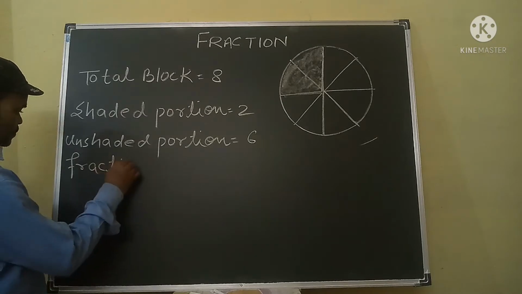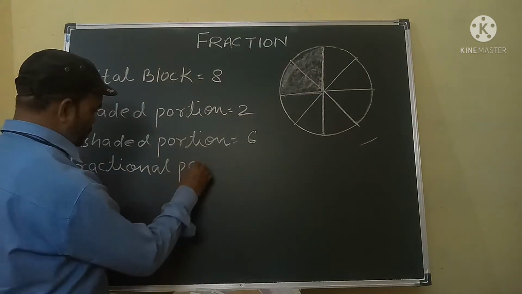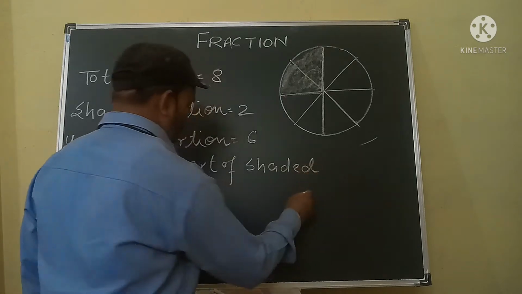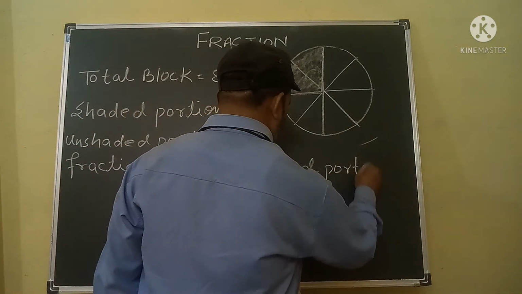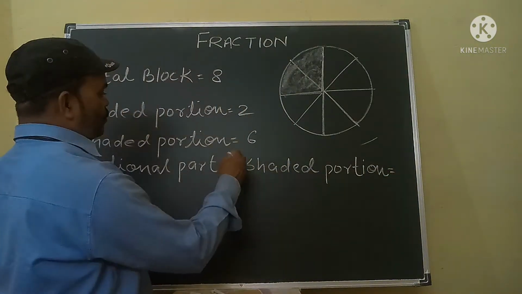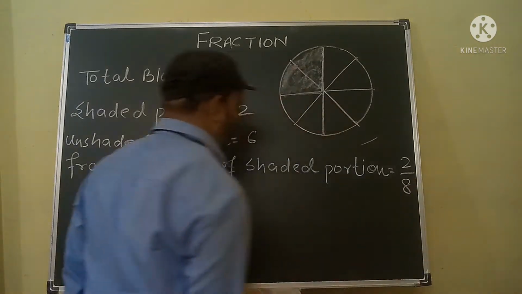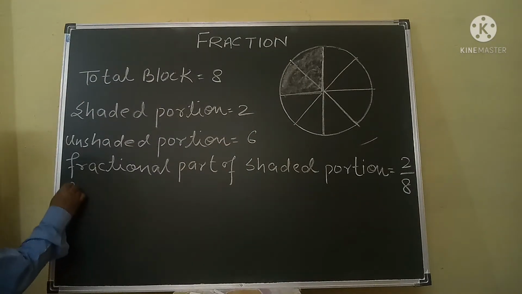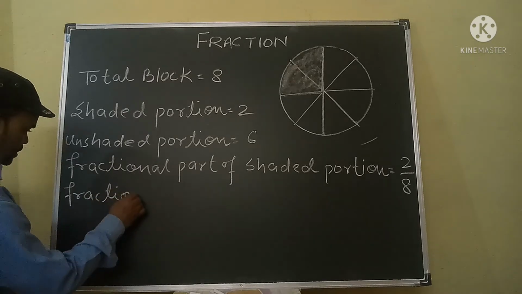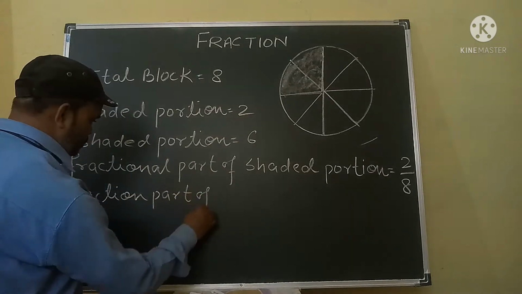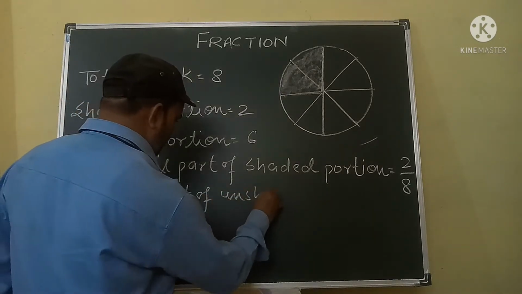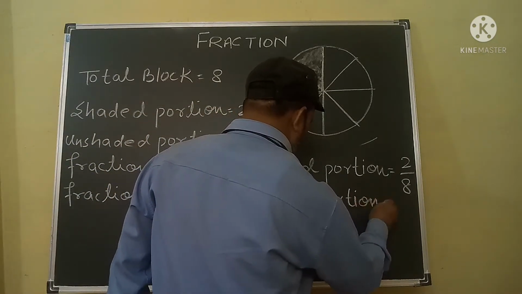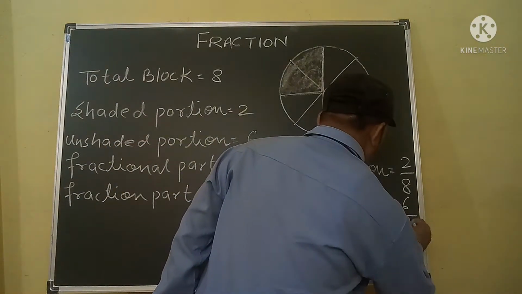That means the fractional part of the shaded portion is 2 upon 8, and the fractional part of the unshaded portion is 6 upon 8.